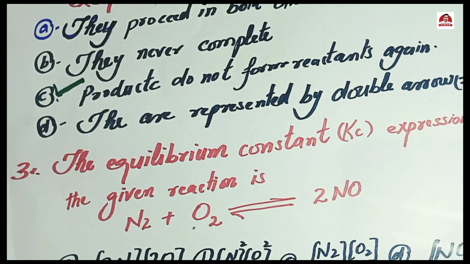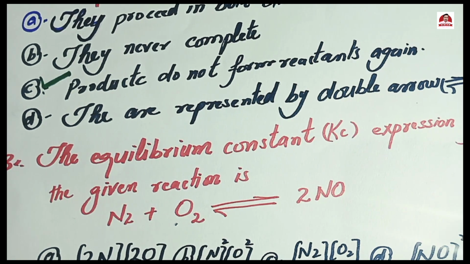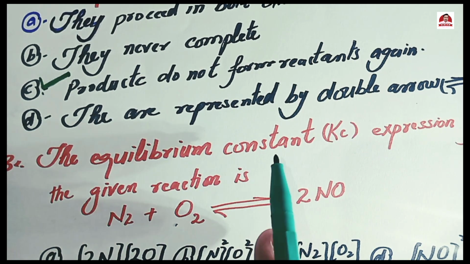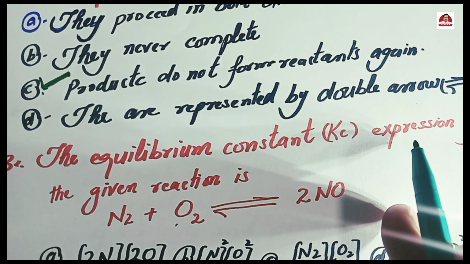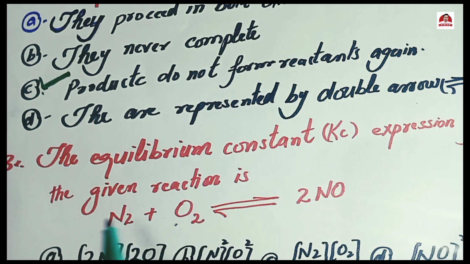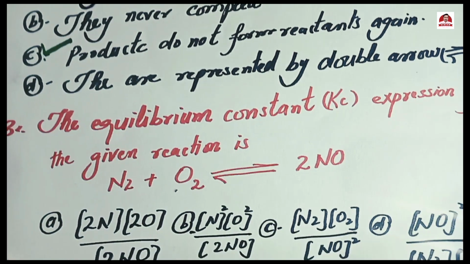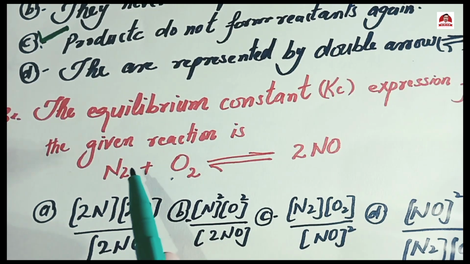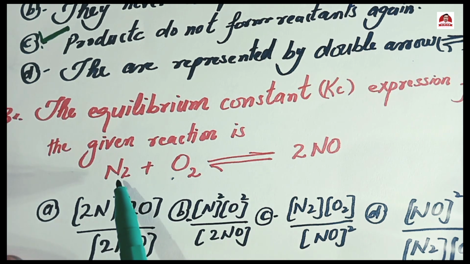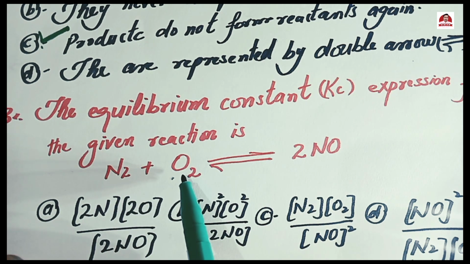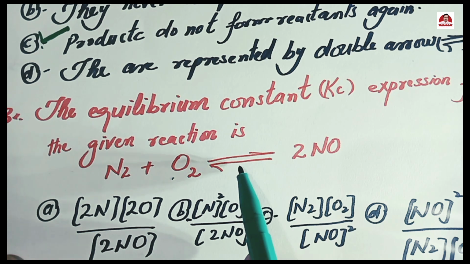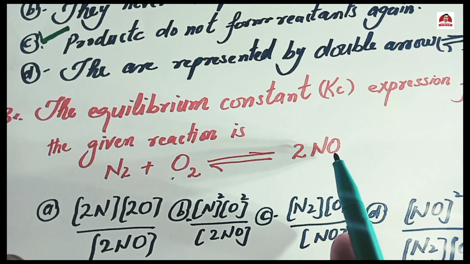Next, question number 3. The equilibrium constant expression for the given reaction is: we have a reaction, nitrogen reacts with oxygen in a reversible reaction and they form 2NO.